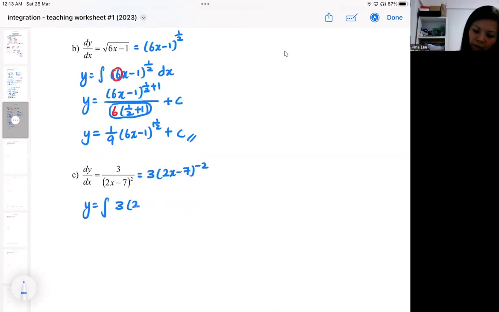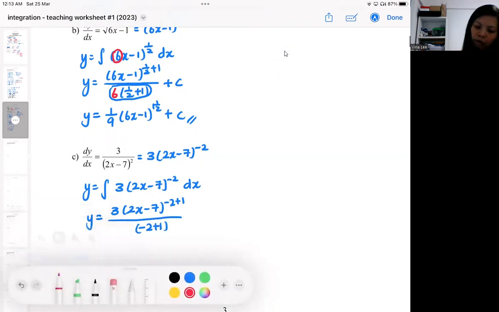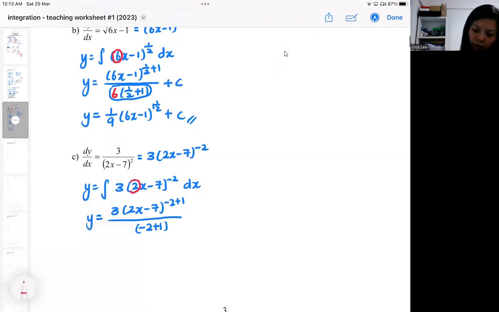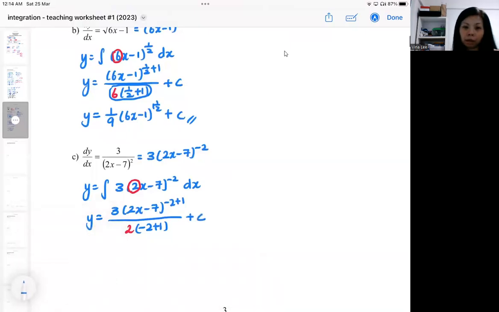Put the fork and spoon. So that's how you present it. And what does the formula say? Follow what the formula says. The formula says you return the power and you divide by the new power, and you got A that you need to divide. So this is the A. ax plus b, A is the number beside x. So that will be my answer.